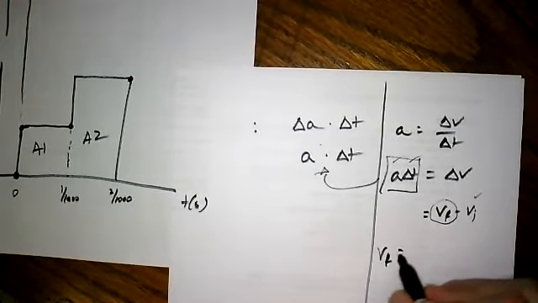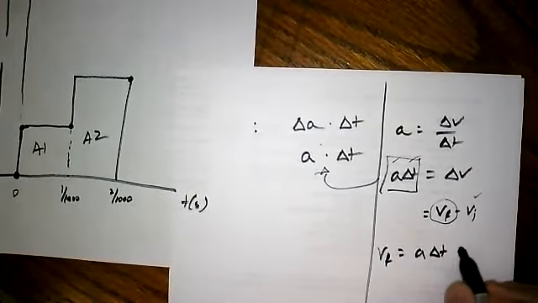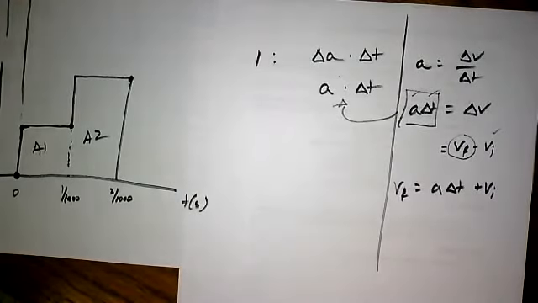So now I'm just going to rewrite this as Vf equals A delta t plus Vi. Now I can calculate my final velocity based upon the magnitude of acceleration for that time interval times the time interval plus the initial velocity at the beginning of the time interval.